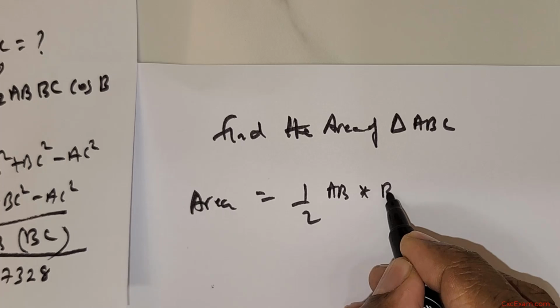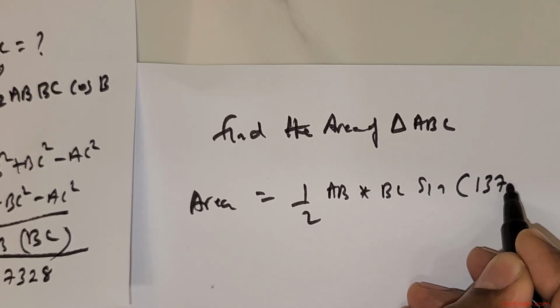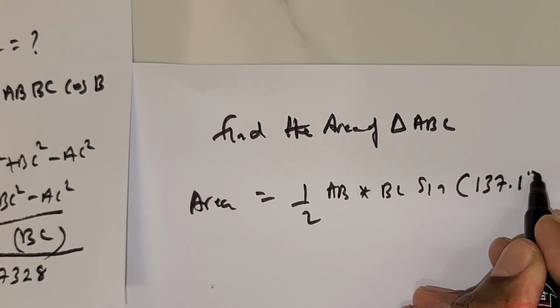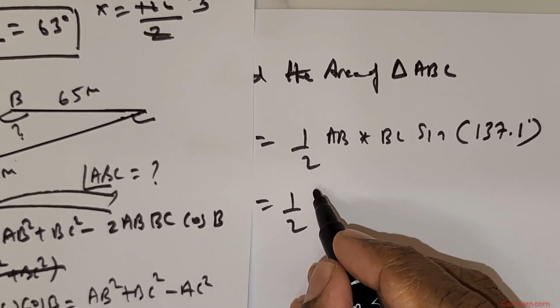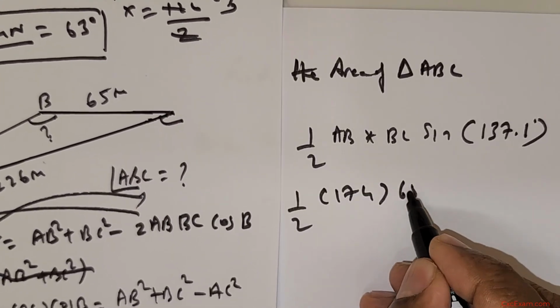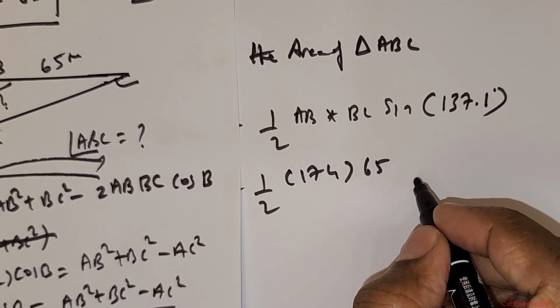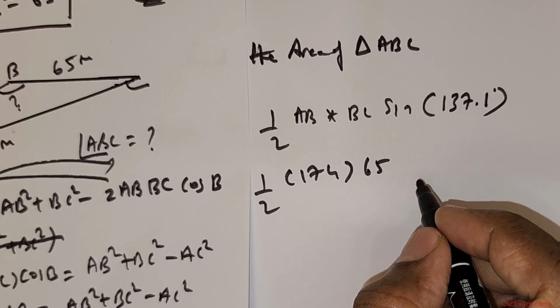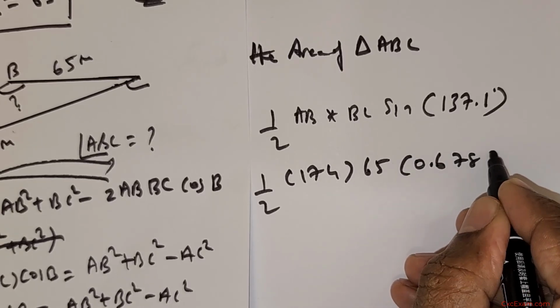So AB times BC into sine of this angle, sine of 137.1 degrees. So this is equal to half times AB is 174, BC is 65, and you take sine of this. This would approximately give you a value of 0.678.